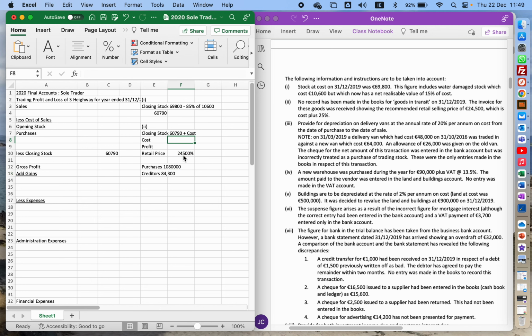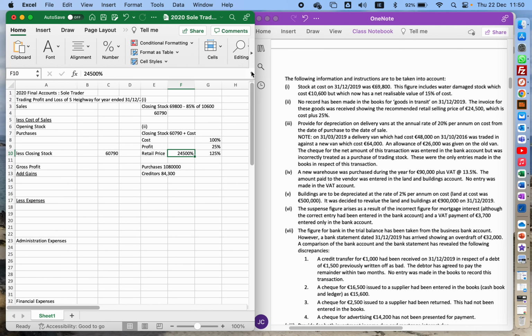But I need to work out what it costs, because closing stock is always valued at cost. So I'll do this in terms of percentages. So cost plus 25%. So that means 100% is our cost. Our profit is 25%. And 125% is what our retail price is.